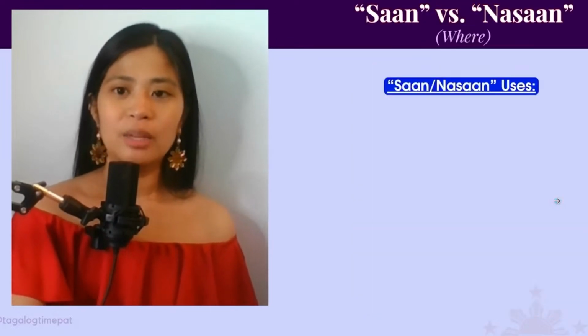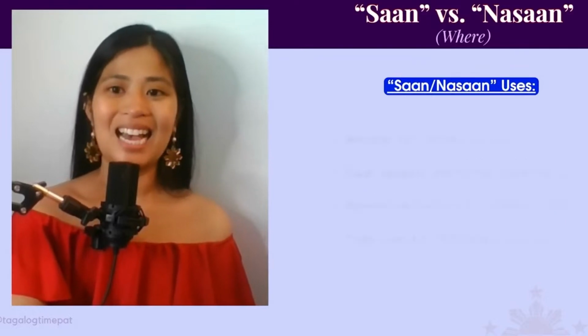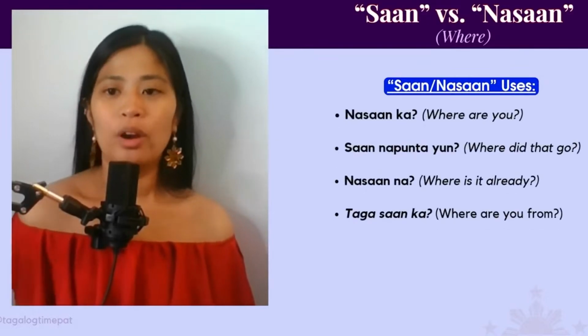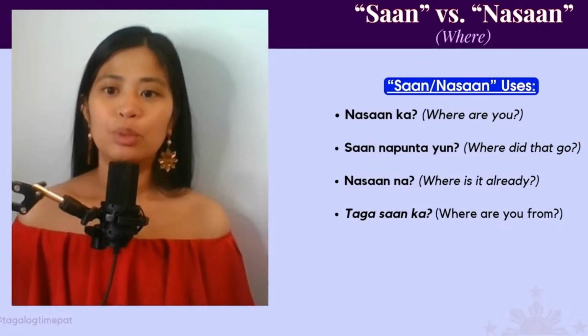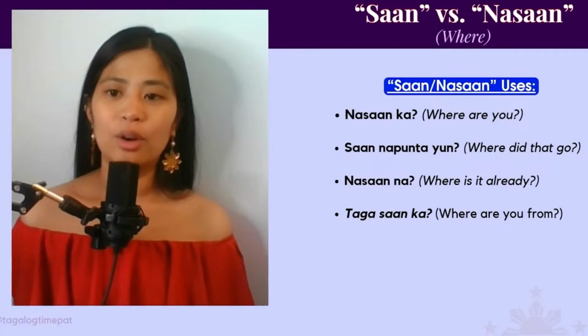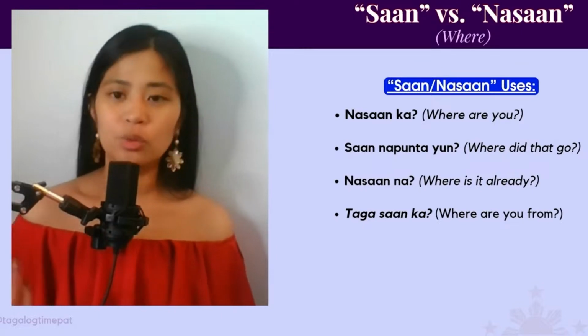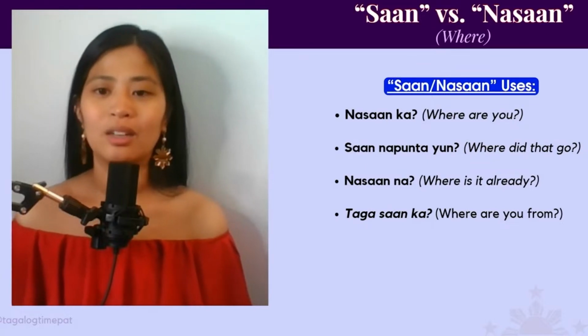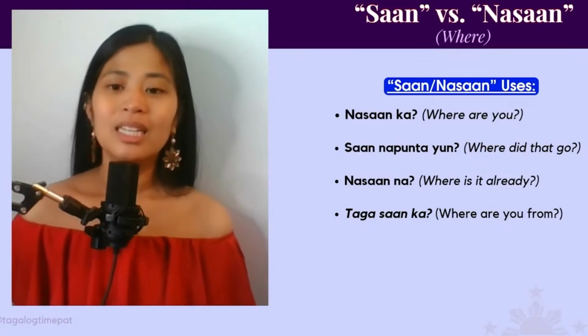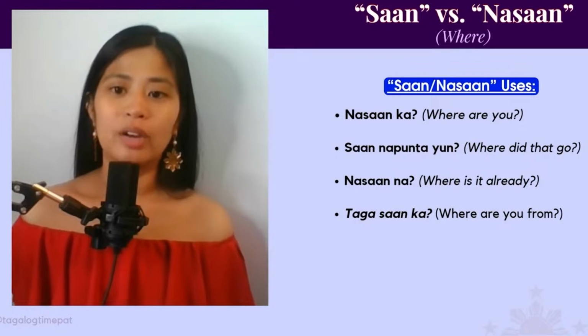And then here are just some other uses for saan and nasaan. Nasaan ka? Where are you? Saan napunta yun? Where did that go? So if you're looking for something just rhetorically, you can say, nasaan napunta yun? Saan napunta yun? Where did it go? Nasaan na? Where is it already?